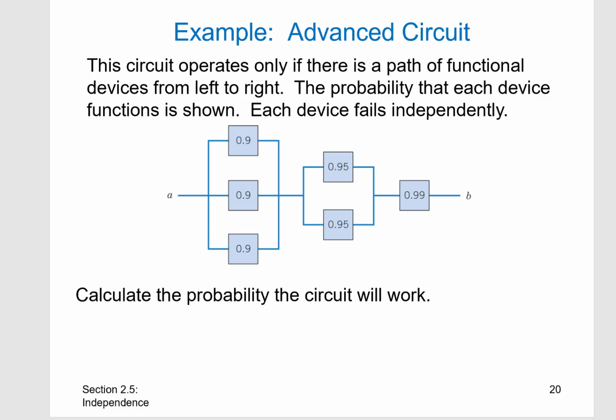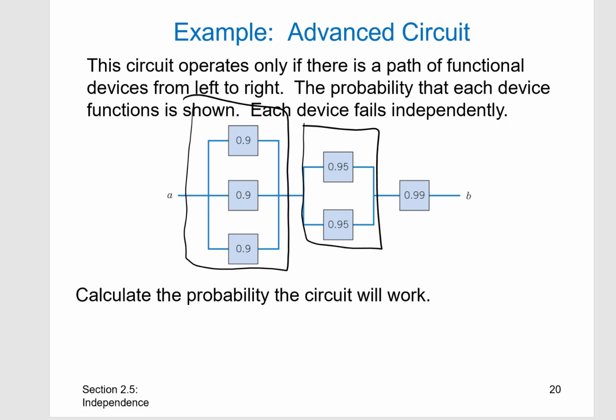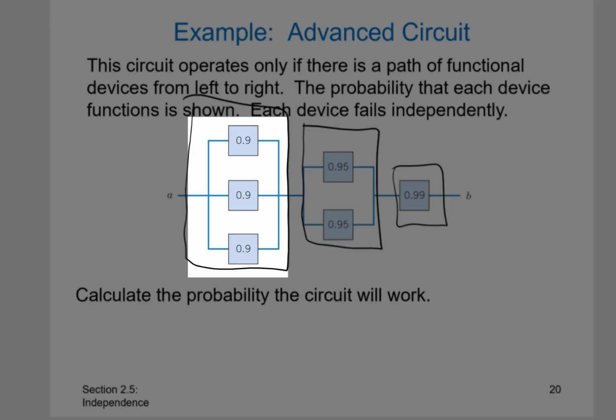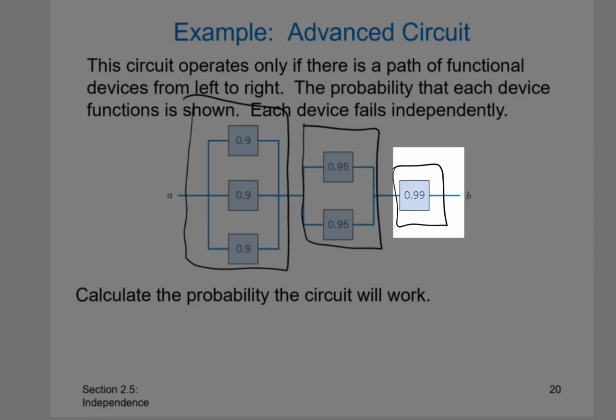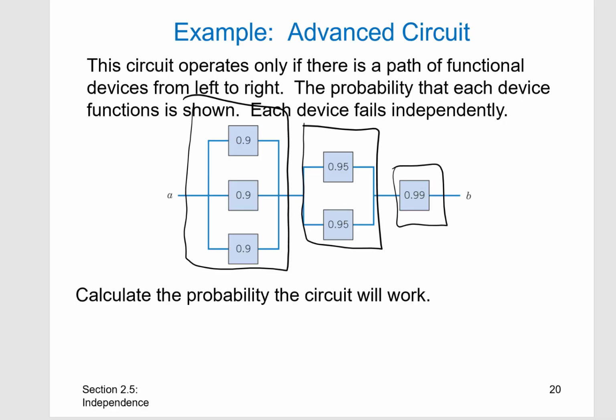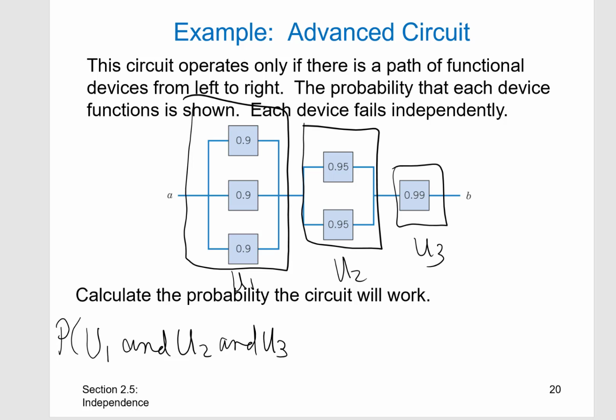Well, I can take this as this working, and then this one working. So this whole little unit here working, and this unit working, and that unit working. So if I say, we'll call this unit 1, unit 2, unit 3, the probability that my circuit works would be unit 1 and unit 2 and unit 3 working.